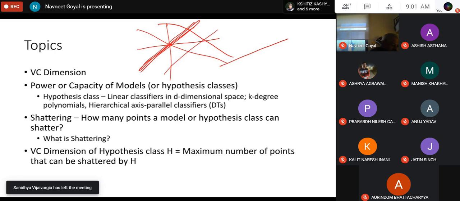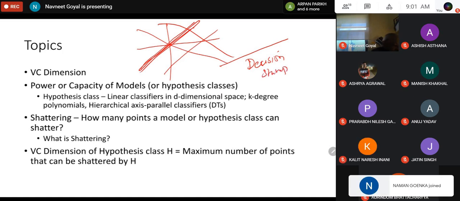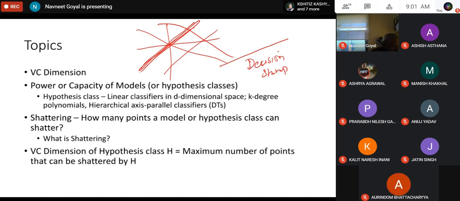Before that, a quick recap, because it has been I think 3 days since we discussed this topic. I'll talk about a few kinds of classifiers. One is called a threshold classifier, or we also call it the decision stump classifier. That is very important for understanding quite a few concepts, and it is also used as a model in several things that you would do in data mining or machine learning.